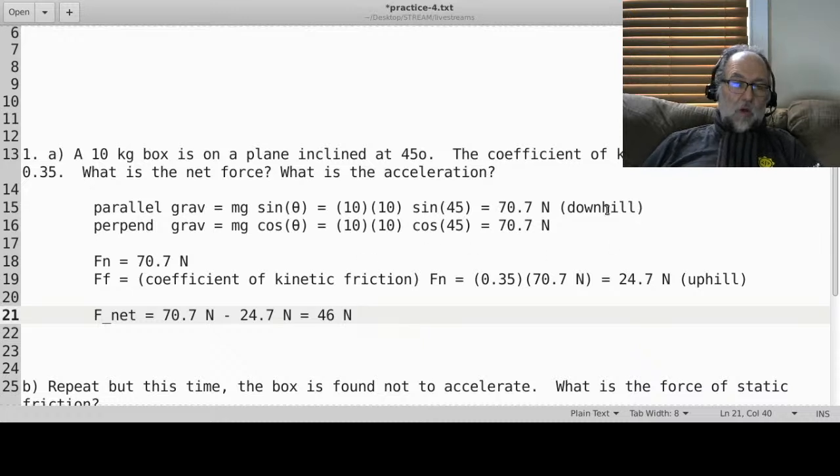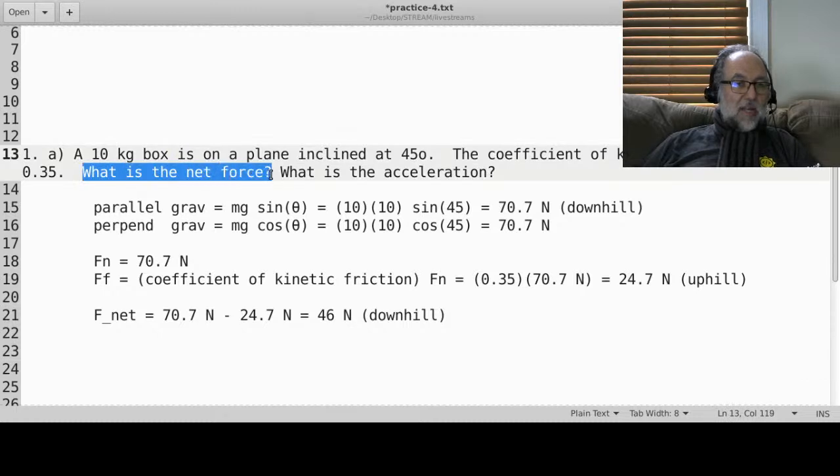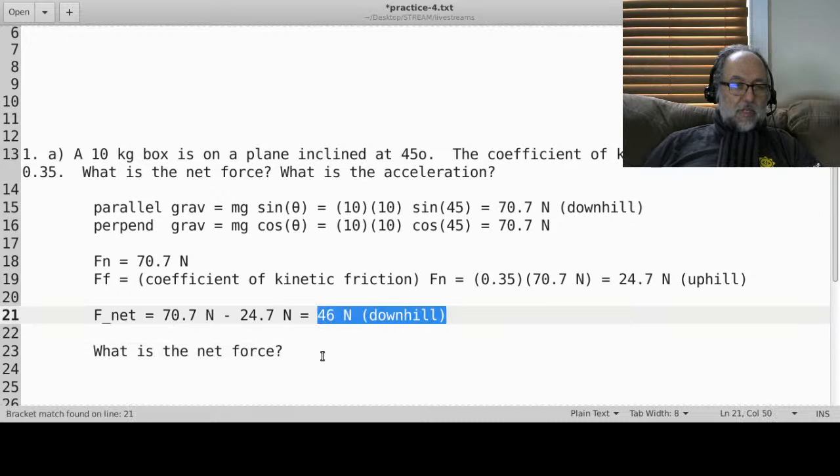One is downhill, one is uphill, but the downhill wins, so the overall force is downhill. Did we answer the question? What is the net force? Yes, the net force is 46 newtons downhill.